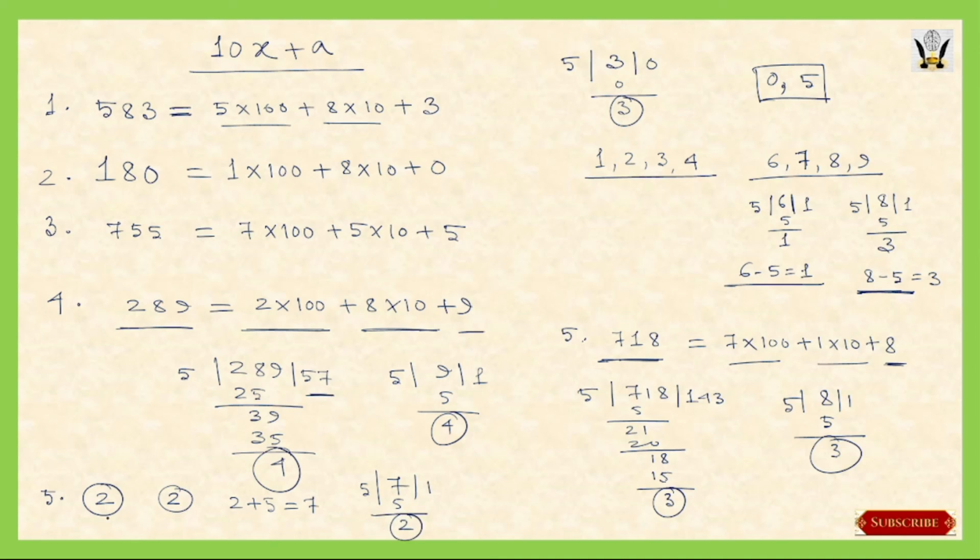So by looking at the remainder, this is the way we can conclude what could be the digit at units place. Now suppose it is 4, then the last digit could be 4, or 4 plus 5, which is 9. So this is the way we can check the divisibility of a number by 10 and 5.